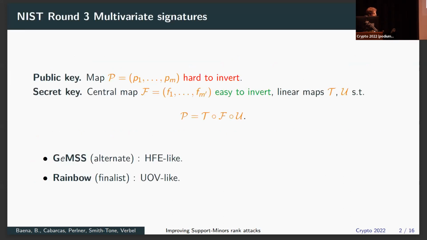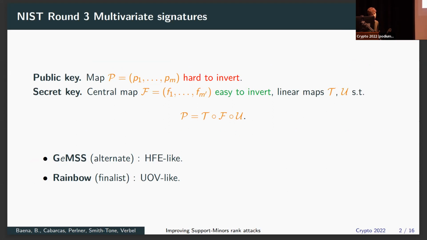So GeMSS and Rainbow are both multivariate signature schemes. This means that they rely on multivariate maps. The public key is some polynomial system P, which looks like a random system, so it should be hard to invert.